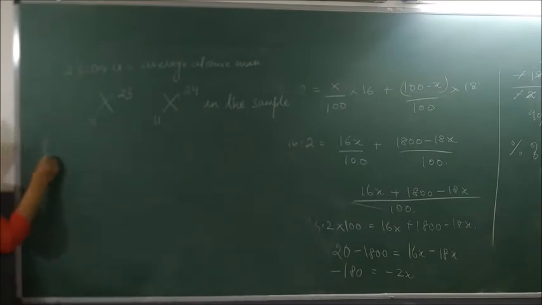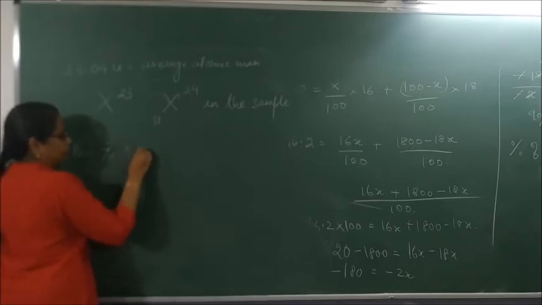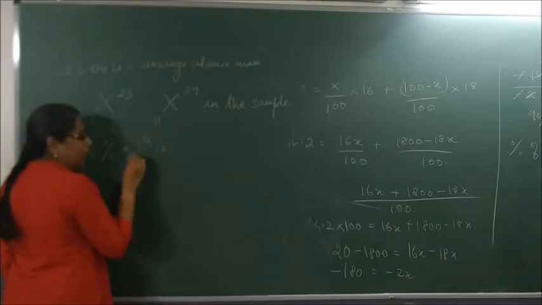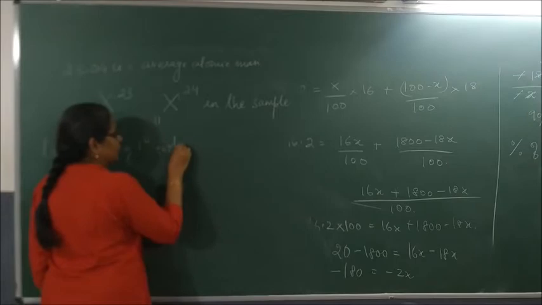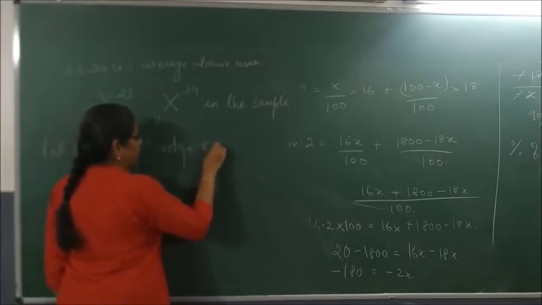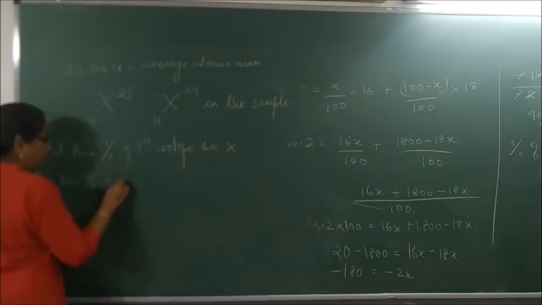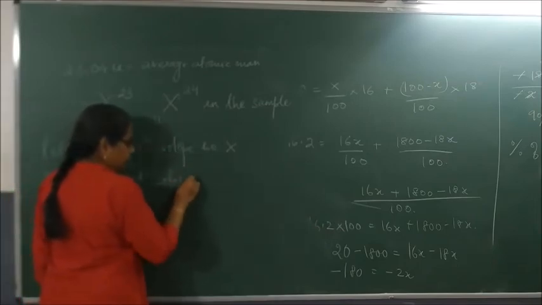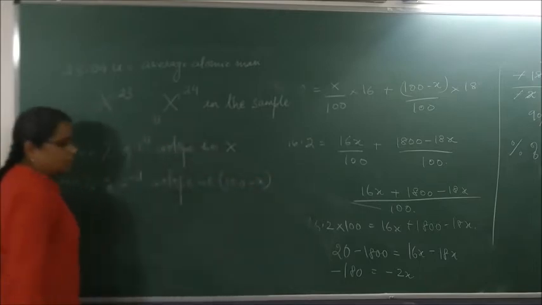So first thing, let the percentage of the first isotope be X. Therefore, the percentage of second isotope be 100 minus X. Correct?